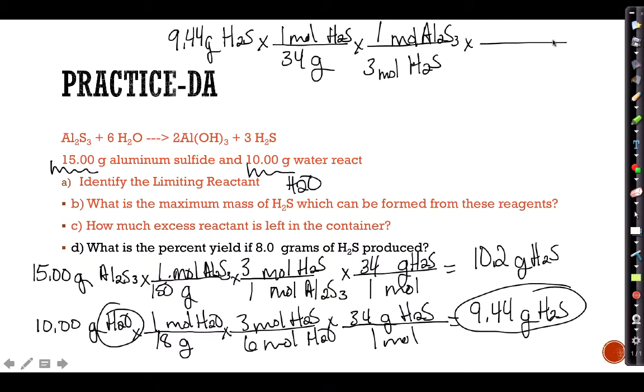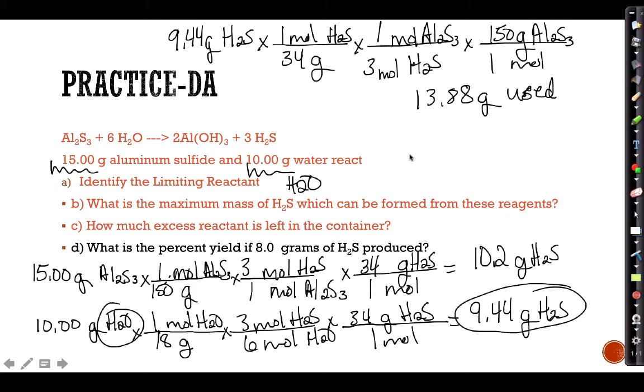And now I'm going to go to grams. All right, so 1 mole is equal to 150. So once I do this, I'm going to calculate out 13.88 grams that were used. So I used up this much to make this much H2S.